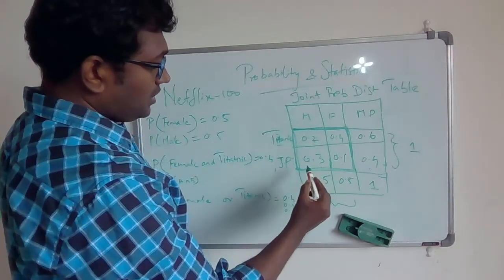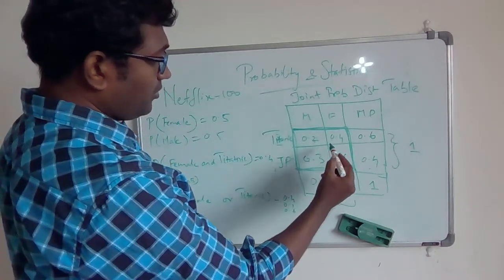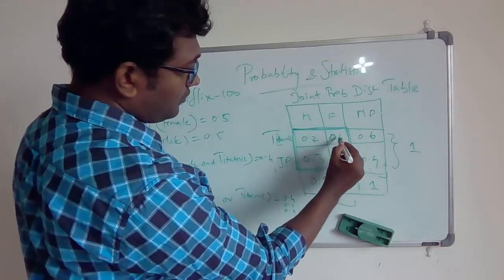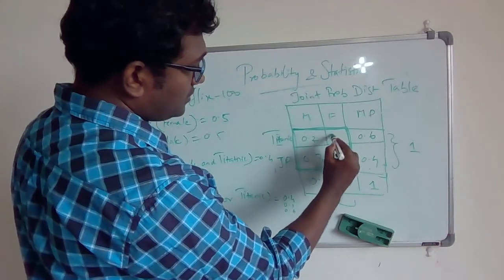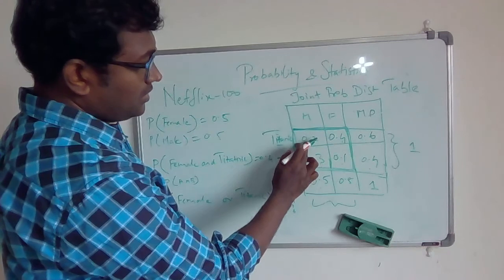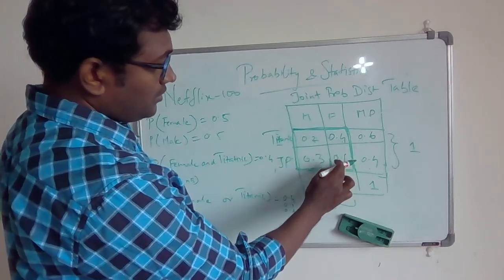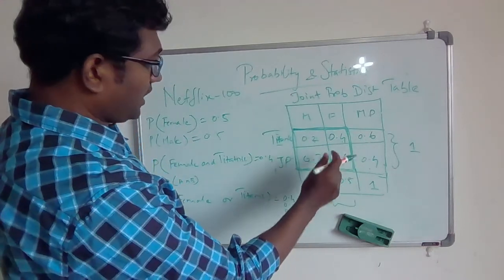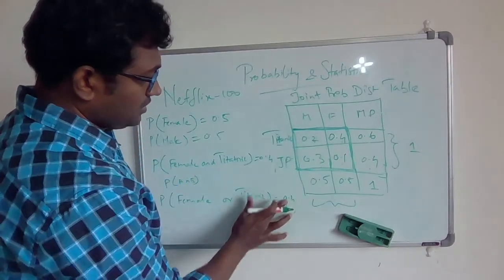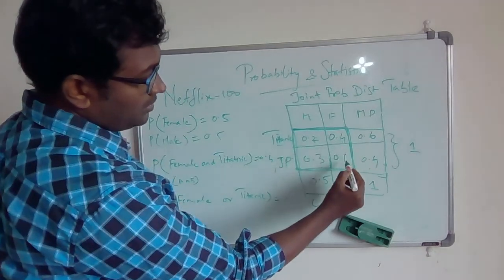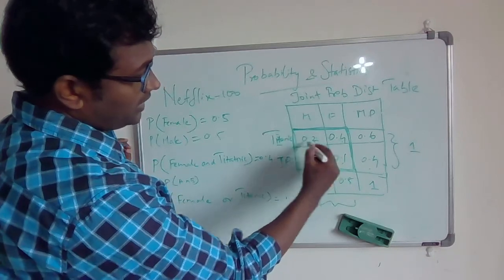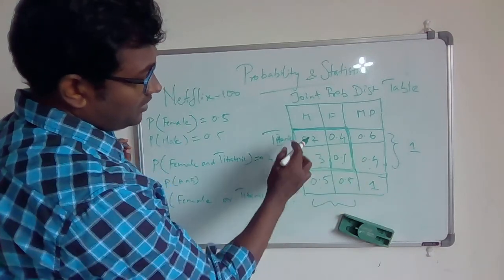So we should take into consideration the probability of female, that is 0.4 plus 0.1, and 0.2 for male and Titanic. So these three boxes are being female or Titanic.